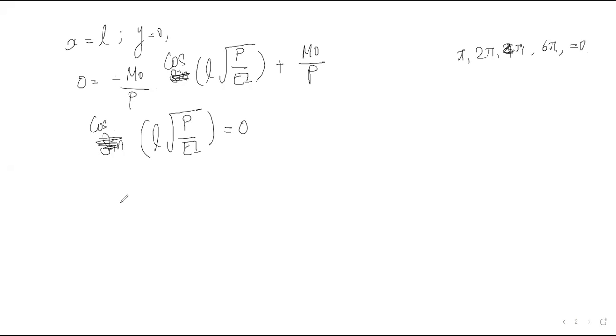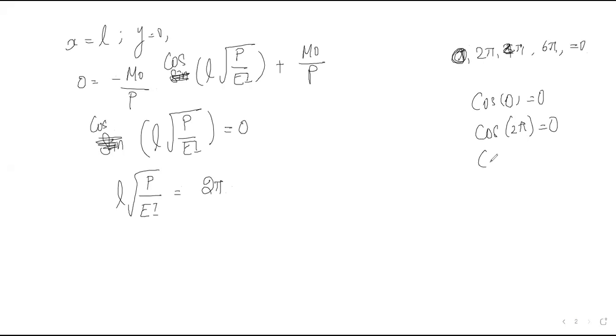Okay, so L into root under P by EI is equal to 2 pi. We are going to take it as such. Now cos 0 is 0, cos 2 pi is equal to 0, cos 4 pi is equal to 0. So likewise our term is going to be, definitely it should not be equal to 0.